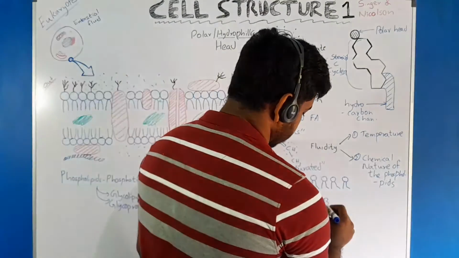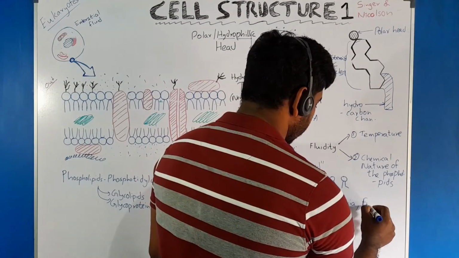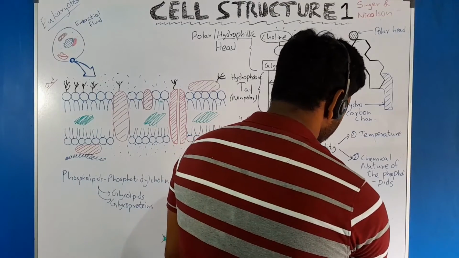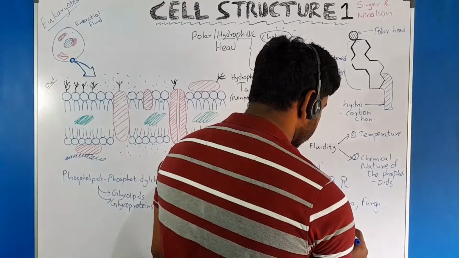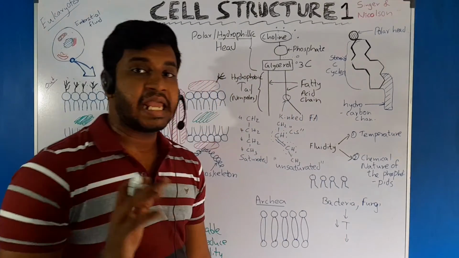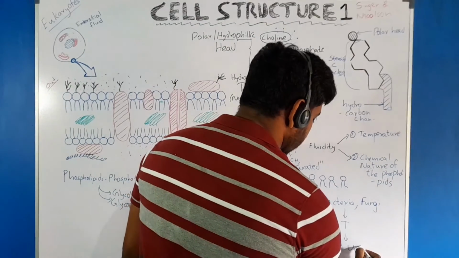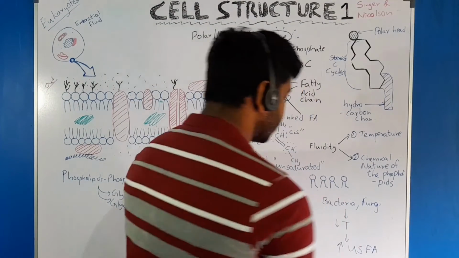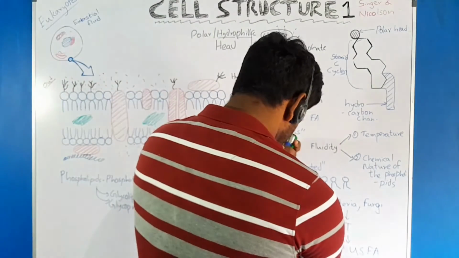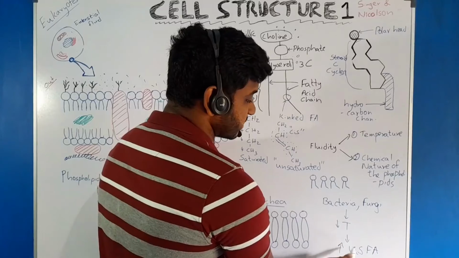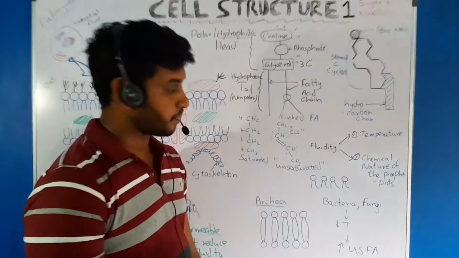In bacteria and fungi, when the environmental temperature reduces, they increase the synthesis of unsaturated fatty acids. By that, they increase the synthesis of phospholipids with unsaturated fatty acids.